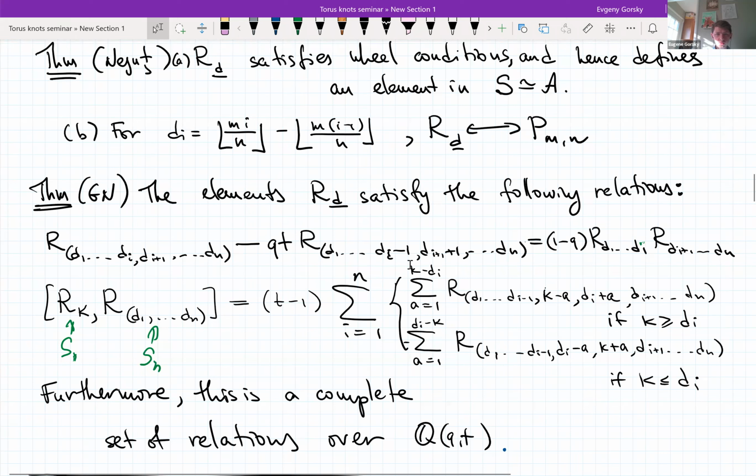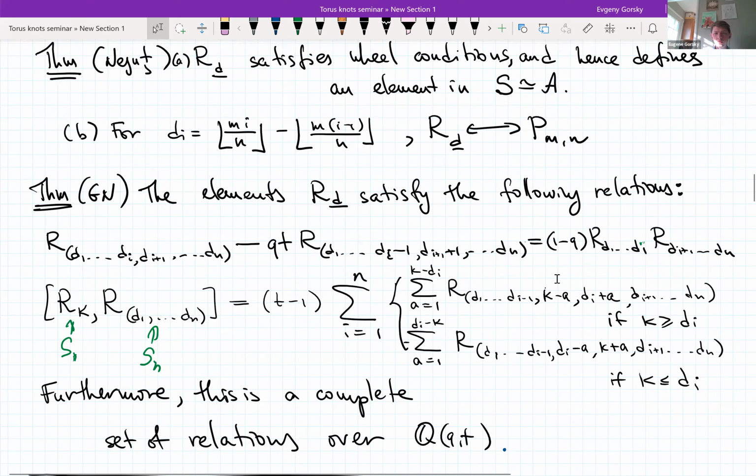And so this was known from previous work of Andrei. One thing which we proved in this paper, which was not completely obvious, but again is a combination of things which were known, is that this is a complete set of relations if we work over rational functions in q and t. So in particular, the algebra is generated by S_1, so just by products of this single element R_k.